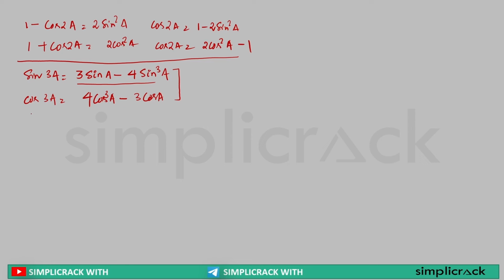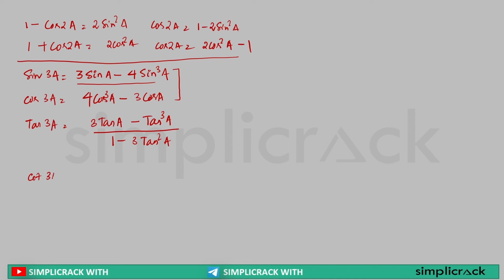Okay. Now, what will be tan 3a? So tan 3a is equal to 3 tan a minus tan cube a divided by 1 minus 3 tan square a. Direct questions will come from these formulas.